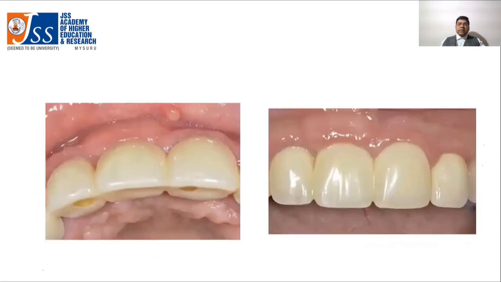Post-operatively, we can see that there has been sufficient thickness of the soft tissue which has been achieved after 8 weeks of surgery. This soft tissue is not only important for good aesthetics, but also it would help in maintaining health of the peri-implant region.